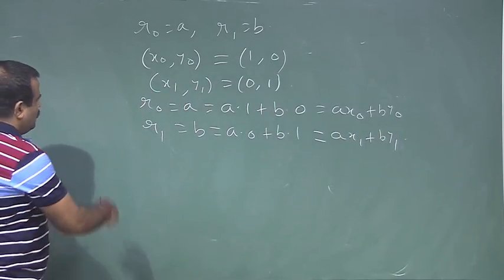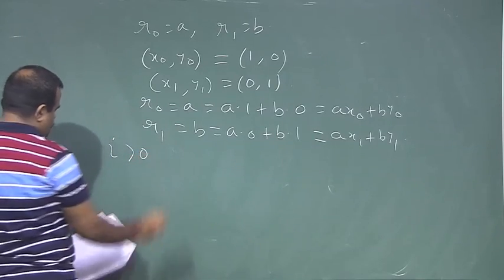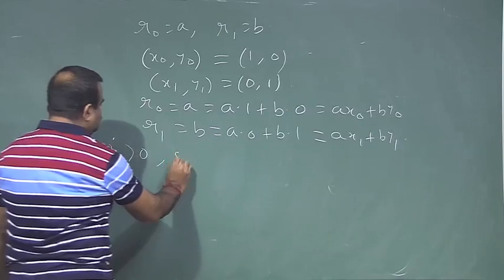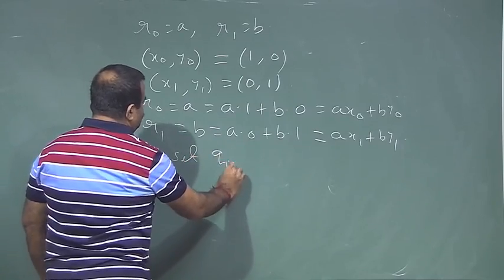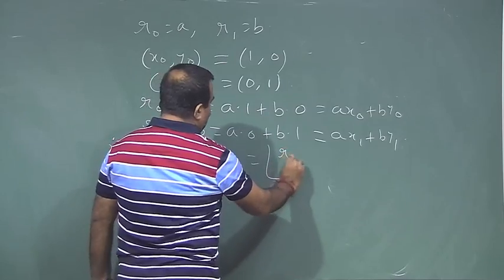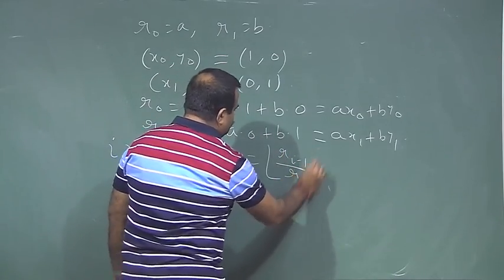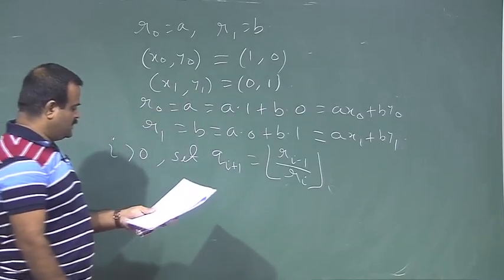And for other than 0 and 1, for i greater than 0, what do we do? We set q i plus 1, the quotient, as basically r i minus 1 divided by r i. This is the division step.